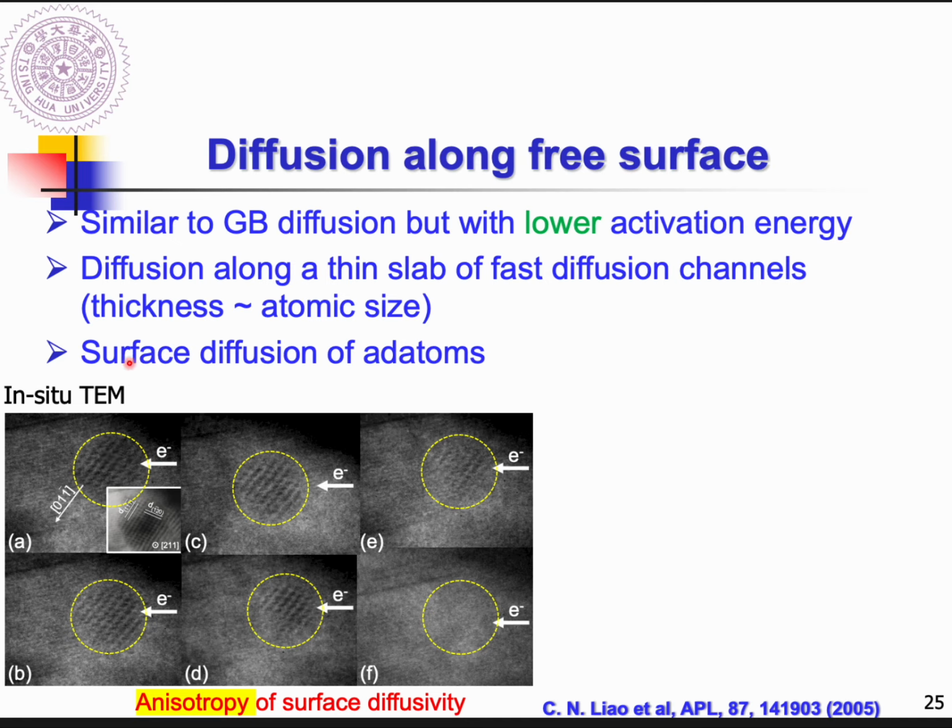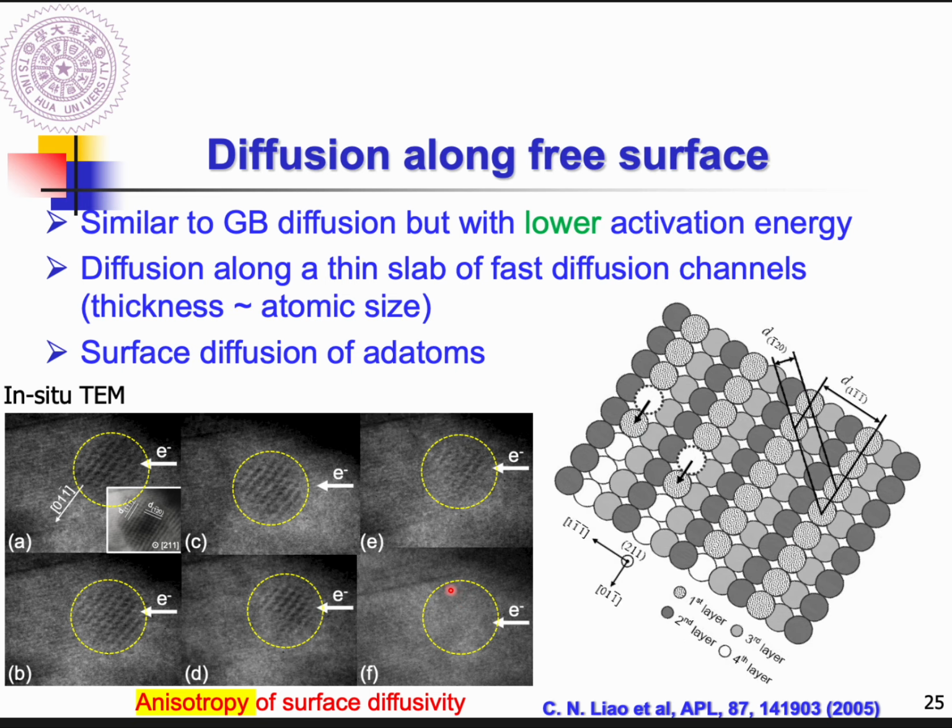So in TEM, if we observe the fringes disappear, what does that imply? The atoms have moved away or left their original crystallinity, right? So let's look at the simulation figure, which uses the same direction you observed in the TEM figures, 0, 1, 1 bar.